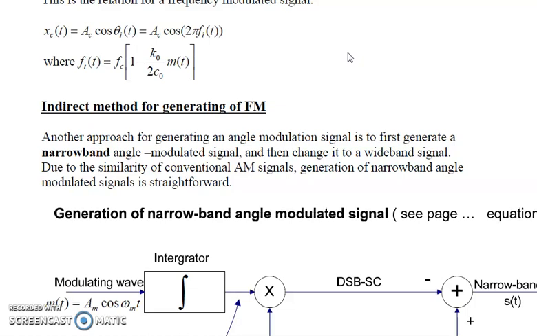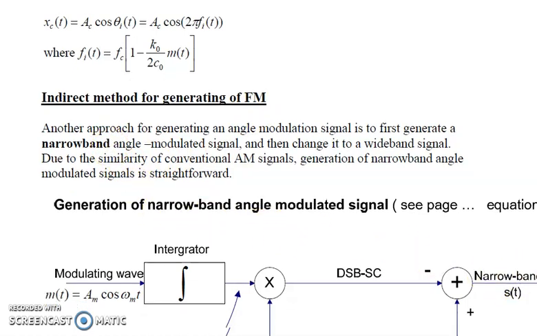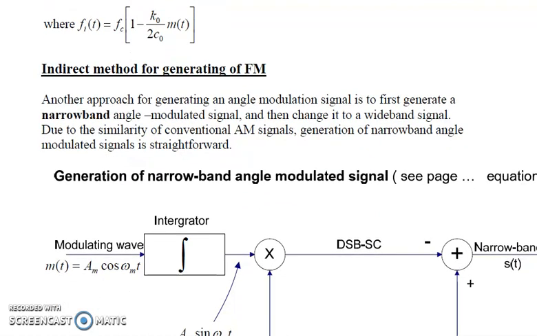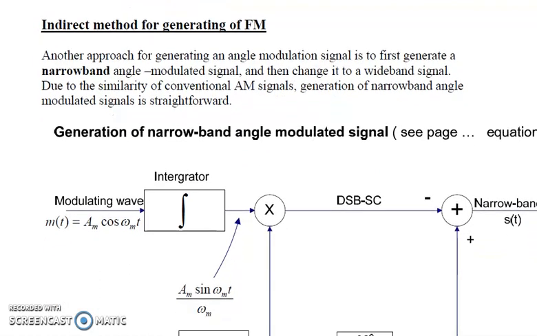Varactor diode connected with the tuned circuit, connected with the amplifier circuit, that will be a complete oscillator circuit, a voltage controlled oscillator. Now the indirect method for generating FM. This is another approach where we first generate a narrow band signal, then send it to a frequency multiplier.